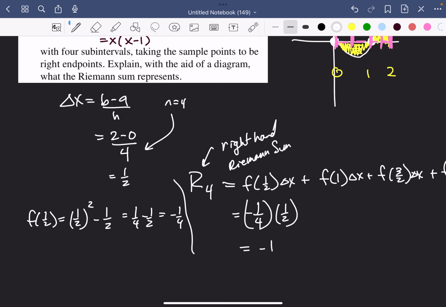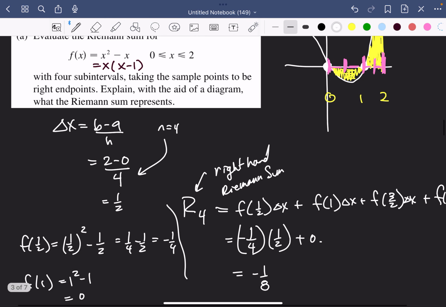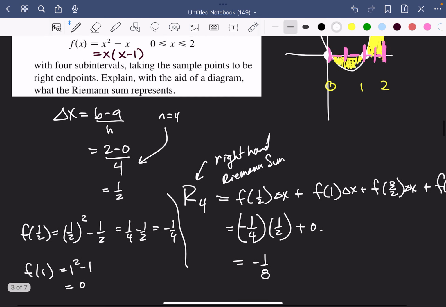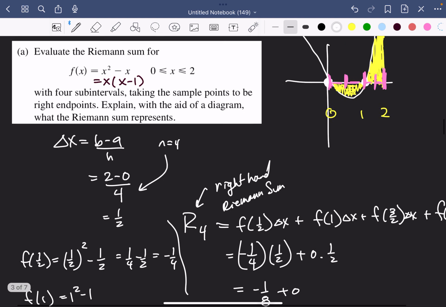So that's going to be negative 1/8. f at 1 is just going to be 1 squared minus 1, which is 0. It's going to be 0 times a width of 1/2. So we're going to get nothing out of that rectangle.